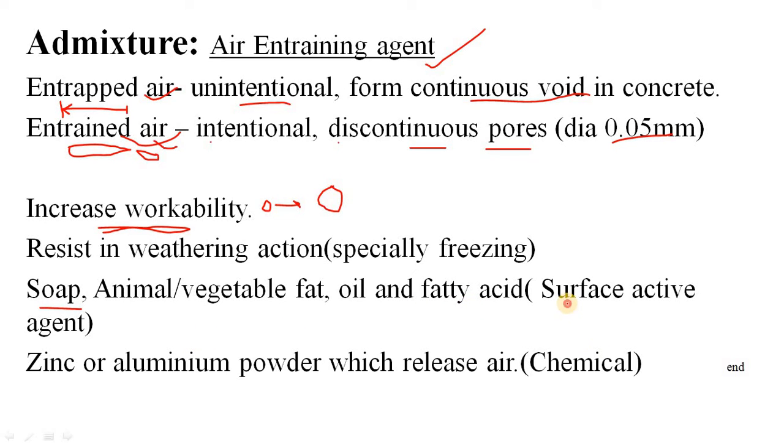These are also known as surfactant or surface active agent. By using this surface active agent, you can create entrained air within your cement or concrete. And also for chemical process, you can use zinc or aluminum powder, which releases air after addition of water.